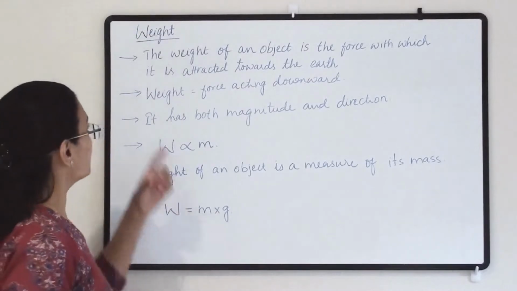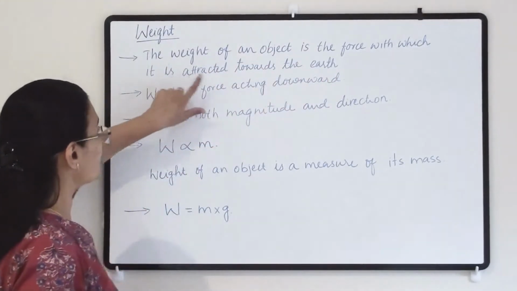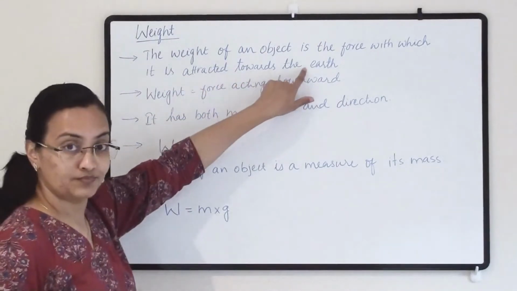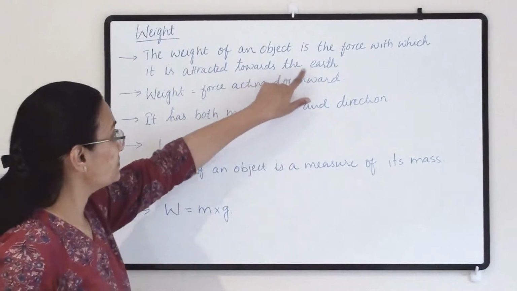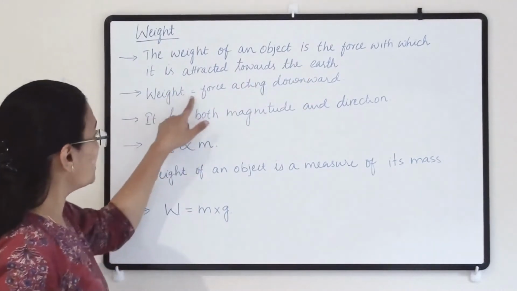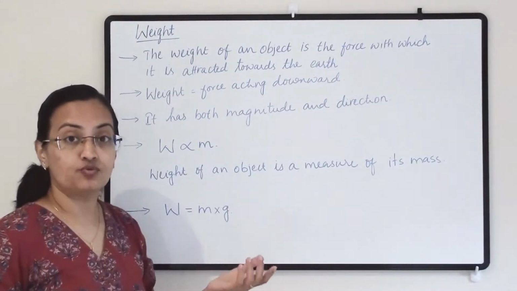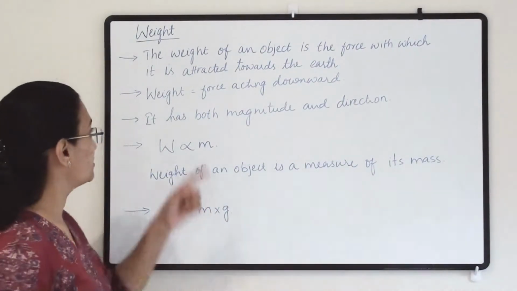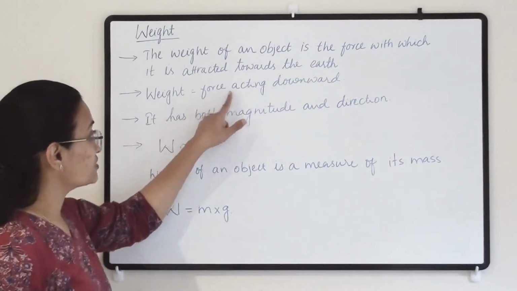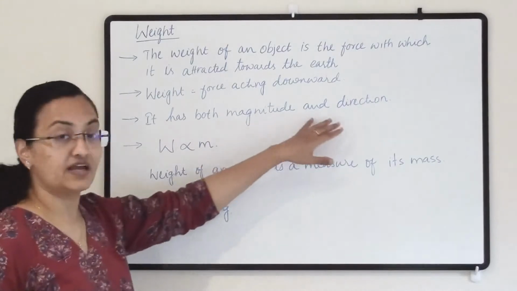What is weight? The weight of an object is the force with which it is attracted towards the earth. So weight is a force acting downwards, because this gravitational force always acts towards the earth, which is downward. It has both magnitude and direction.